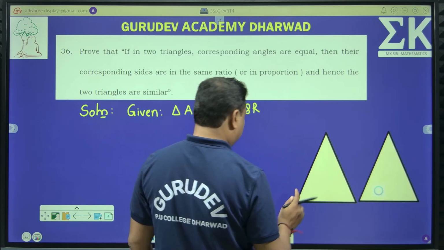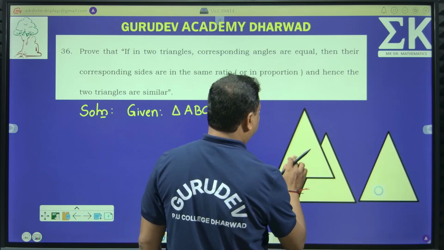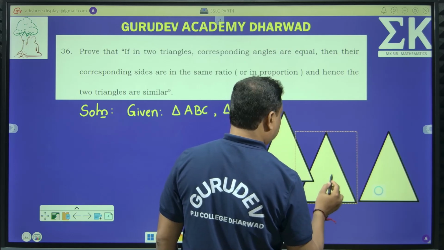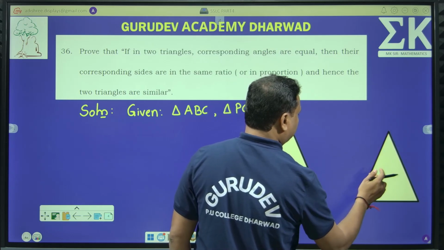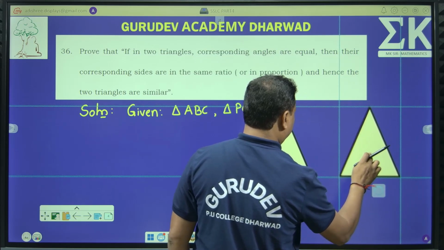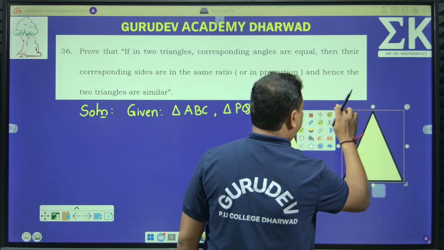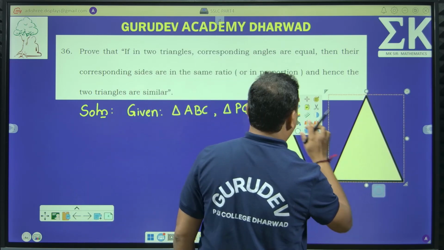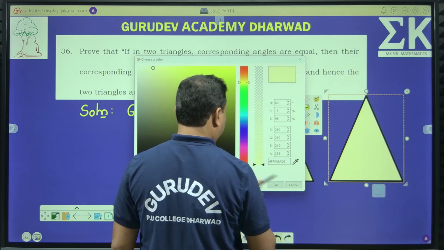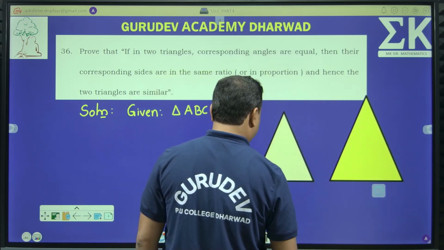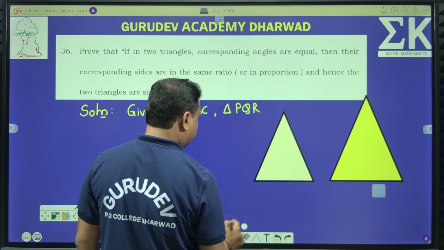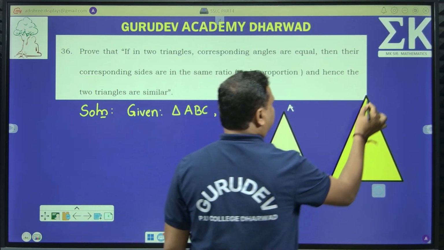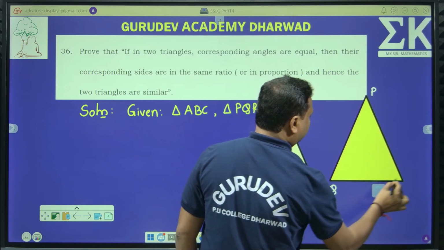So, please try to understand. We have triangle 1 over here. This is another triangle. So, you have got two triangles. Okay. Done. So, let me consider the first triangle as ABC, the second triangle as PQR.